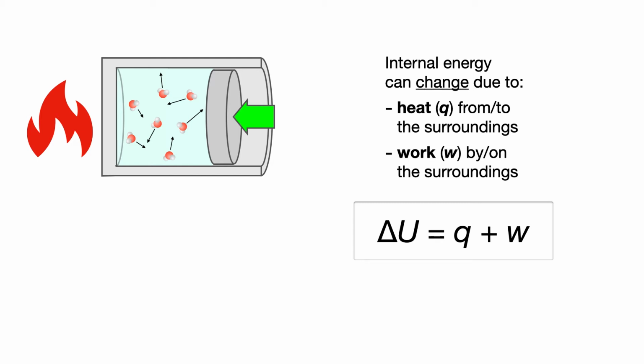If heat were flowing out of the system, then the heat would be negative. If work were being done by the system, if the system were expanding and pushing back the surroundings, then the work would be negative. But the point is, the heat and work both affect the internal energy of a chemical system. And I want to take a closer look at this work term associated with compression and expansion of a system.